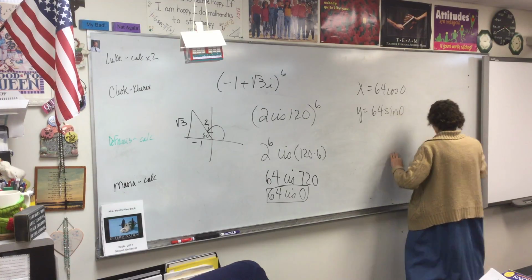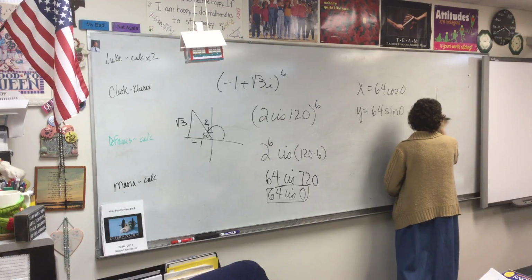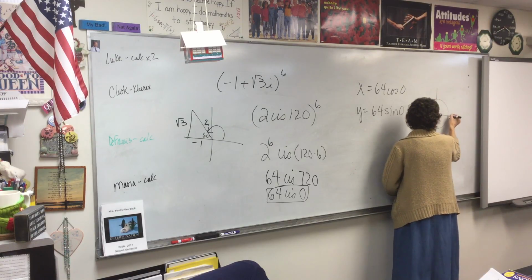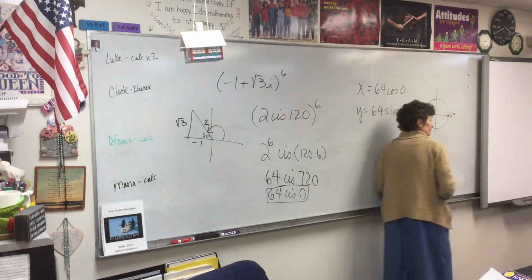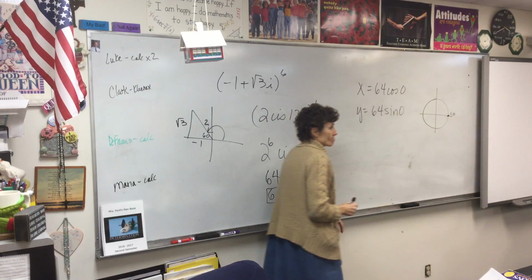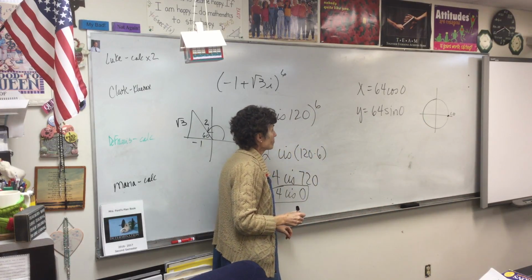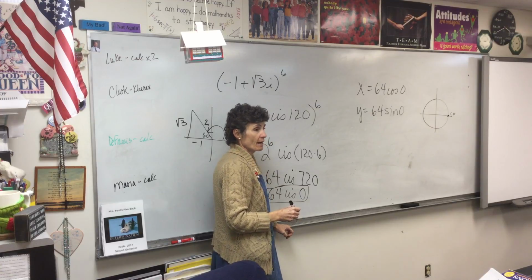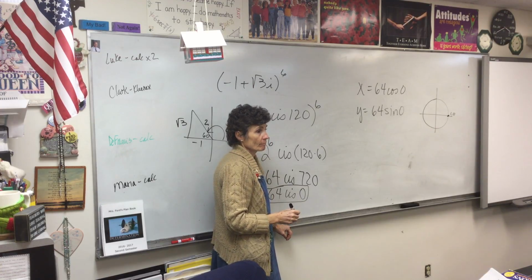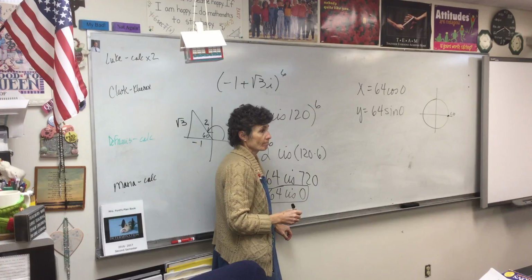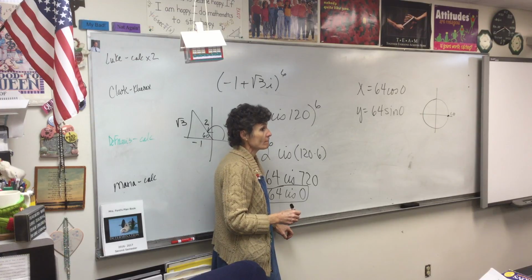Where's 0? On an axis. What's the cosine? Oh, it's r over, no, it's not r over anything. Cosine is x over r.